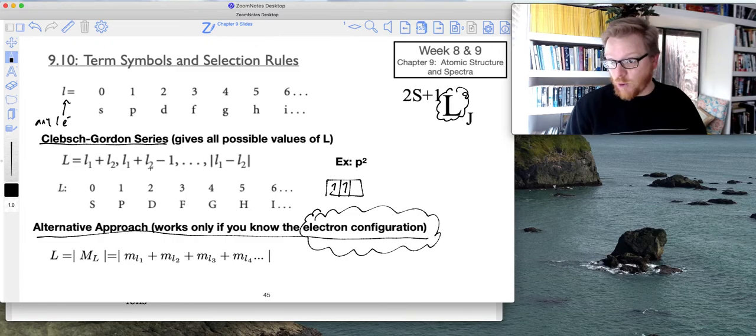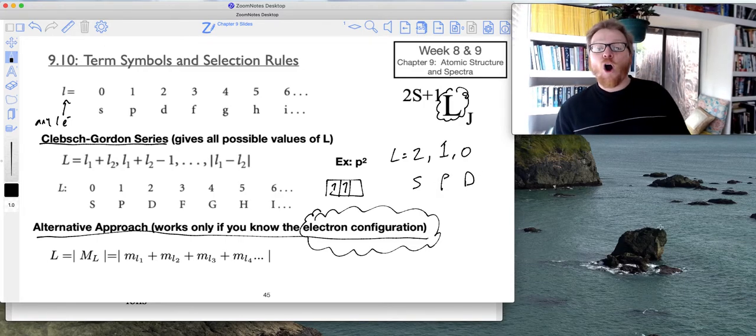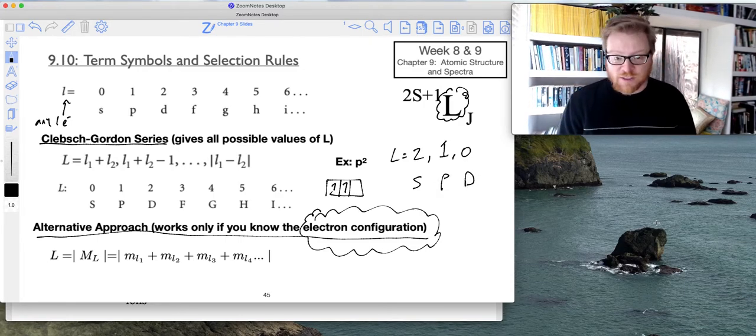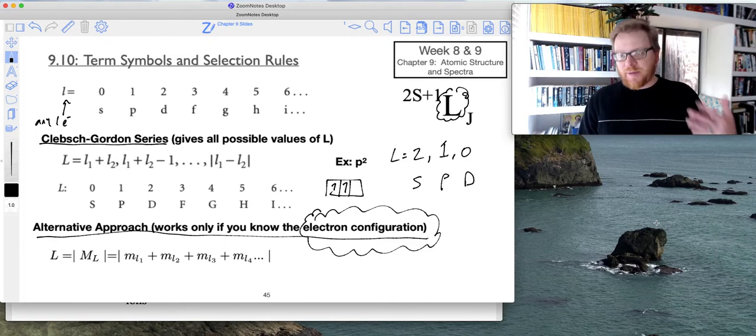So if we use the Clebsch-Gordan series, we note that both of these p electrons have l values of 1, okay? So my big L is going to go, 1 plus 1 is 2, but then I could go 1 plus 1 minus 1, that would give me a 1, and all the way down to l1 minus l2, that would give me a 0. And so if I look at all of the possible terms, that's an S, a P, or a D. All of those term symbols are possible for any given p2.